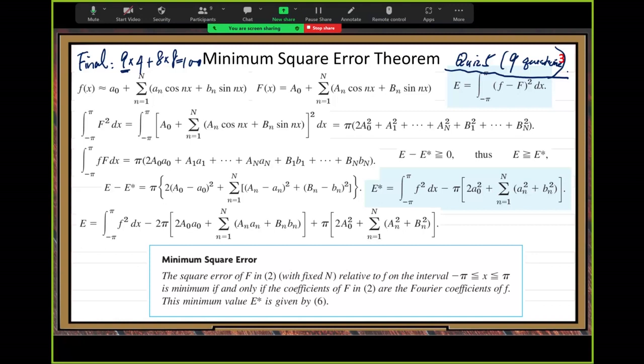This minimum value E star is given by this formula. So this is our Fourier series approximation, the basic result.